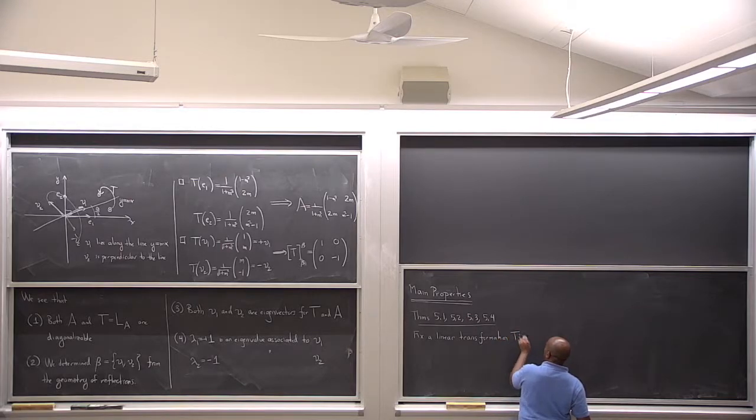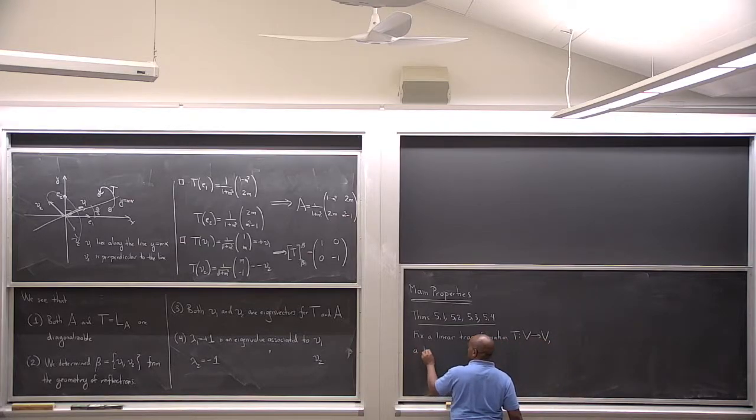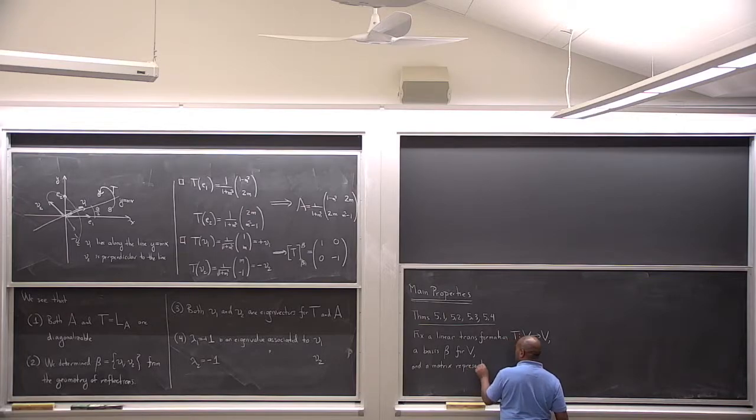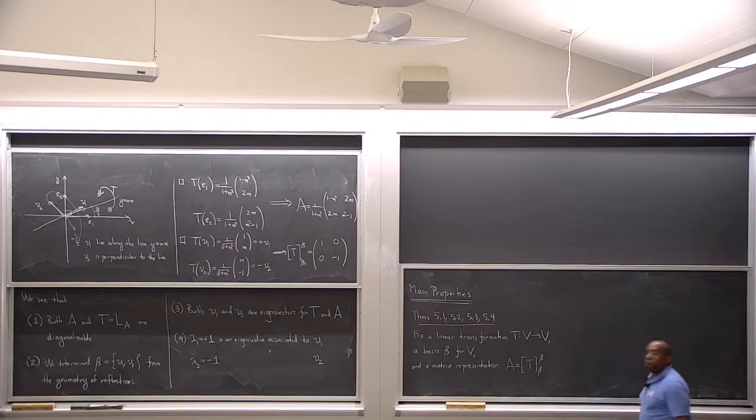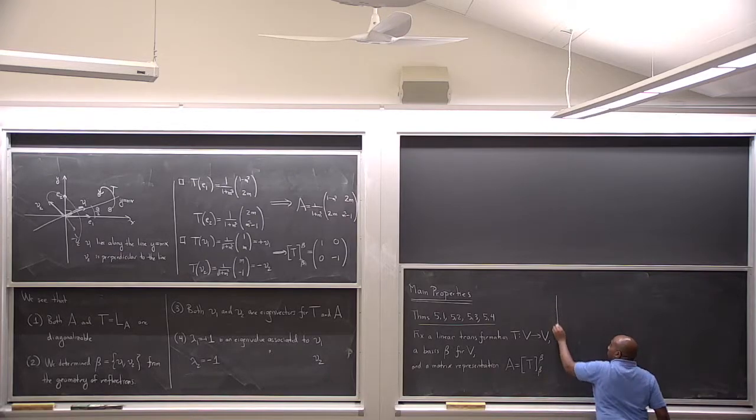Let's say here T, a basis beta for V, and a matrix representation, let's say A, which of course will just be the matrix representation, perhaps as I go from beta to beta. So there are 3 main results I want to write down.